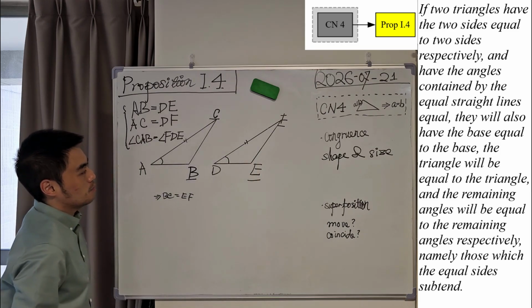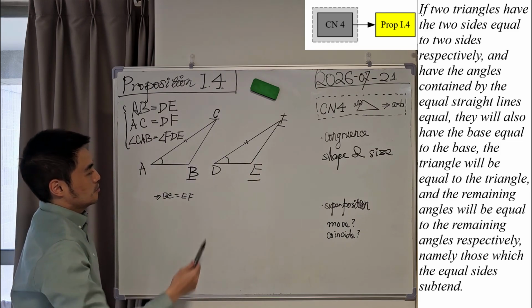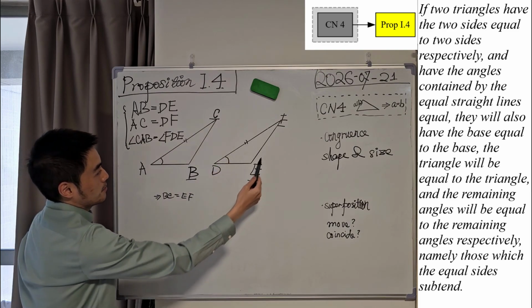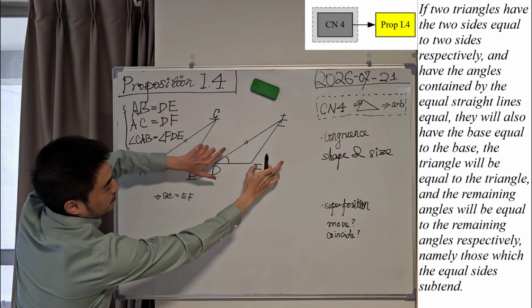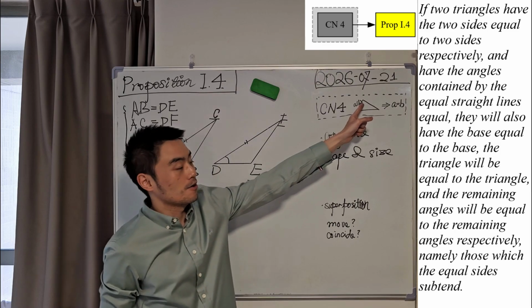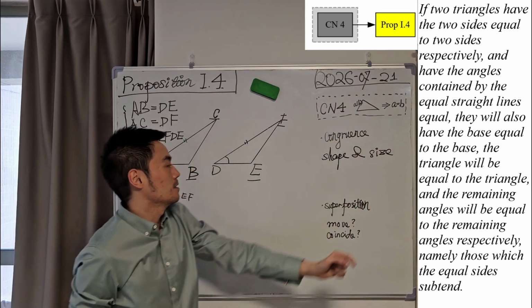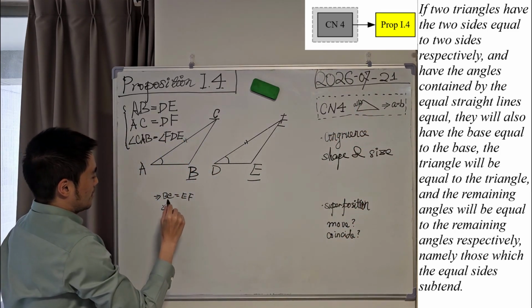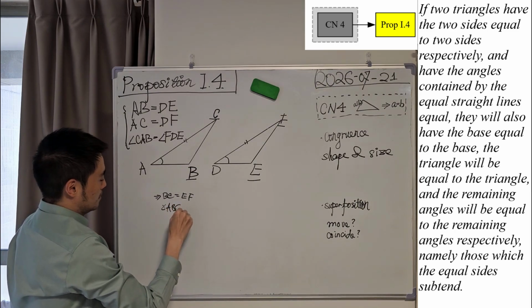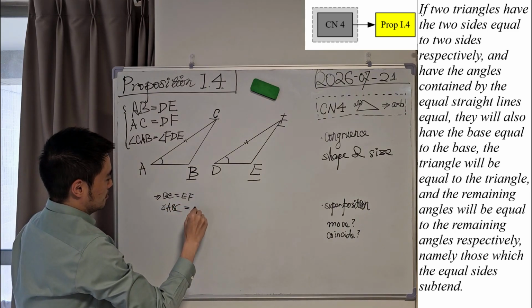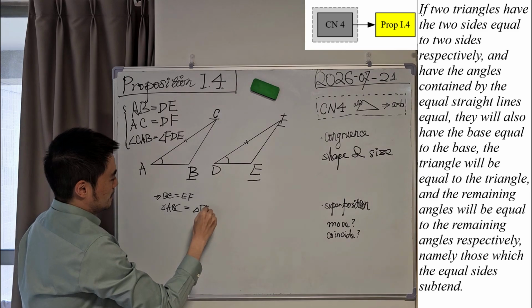And then we can say that triangle ABC and triangle DEF, after the movement, are coinciding, so they are equal. So we prove that triangle ABC equals triangle DEF.